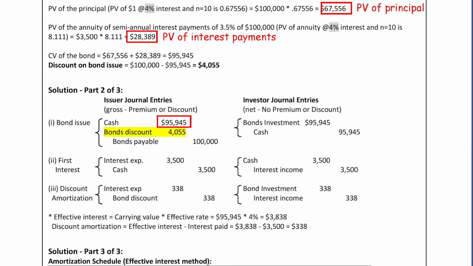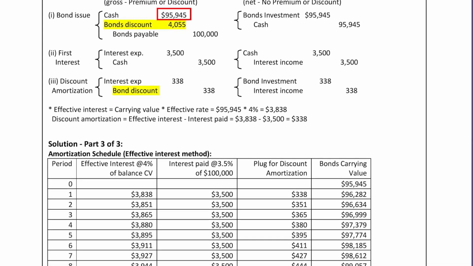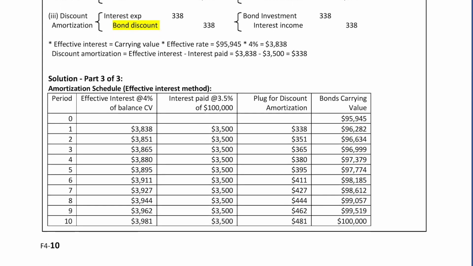So we're going to have a discount amortization where the debit is going to be interest expense and the credit would be, highlight, bond discount. Looking at the amortization schedule on the bottom of this page, the first column is effective interest at 4% of carrying value.